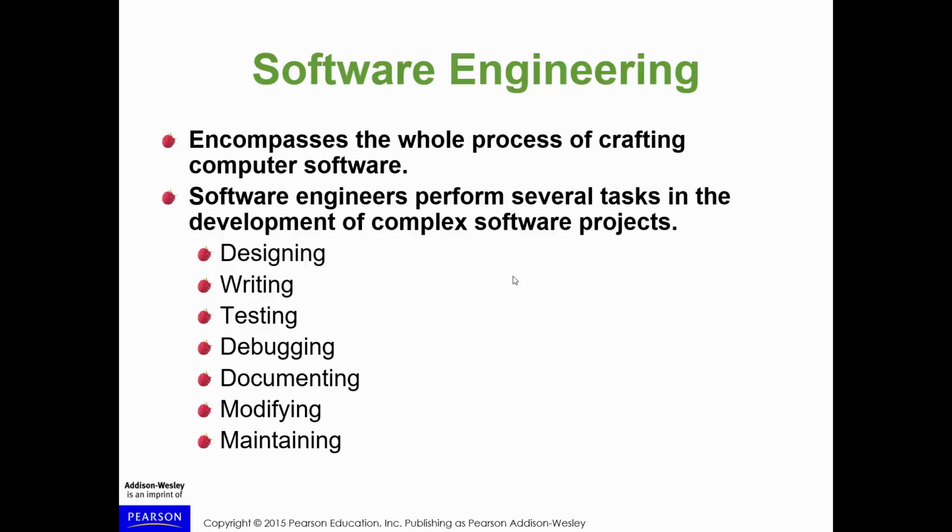When there are mistakes, you'll debug the programs. While you're writing the programs, you should be documenting them. When you're testing and debugging, you may have to modify your program. And what if I gave you a program to do X, whatever X was? Then for your next program, I wanted you to do X, but then I wanted you to add Y to it. That would be modifying and also maintaining your program.